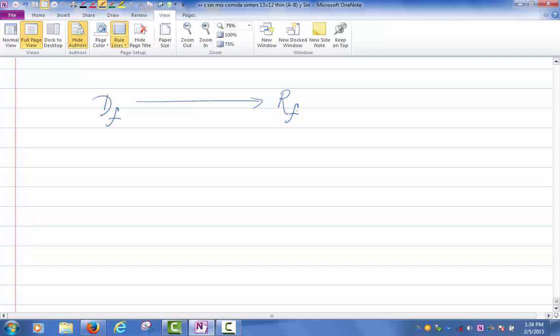Alright, so this is what I mean. Let's say I have a function f, and the function f has domain df and the range rf, okay?